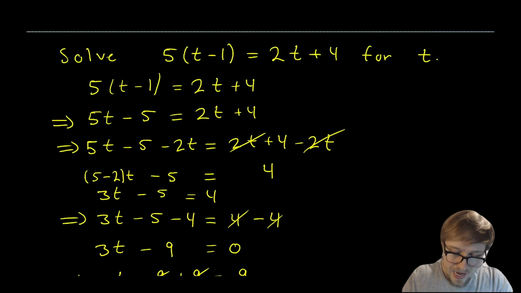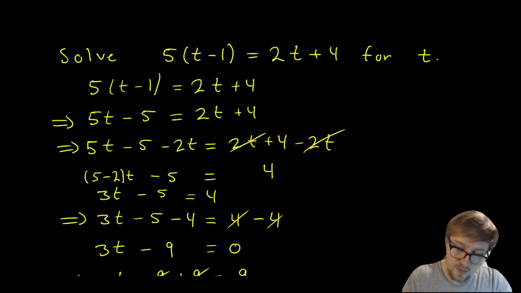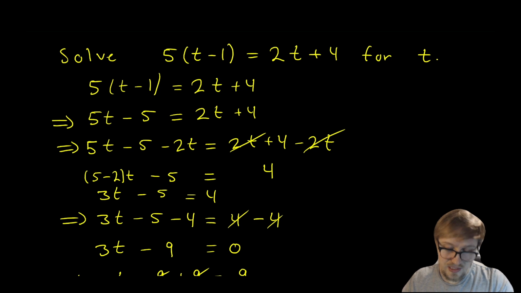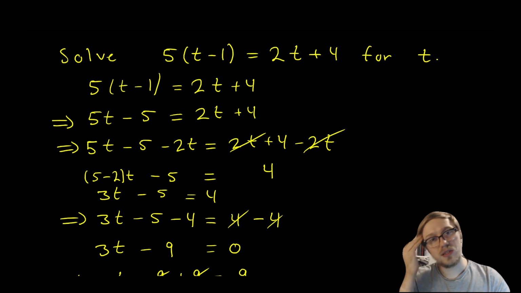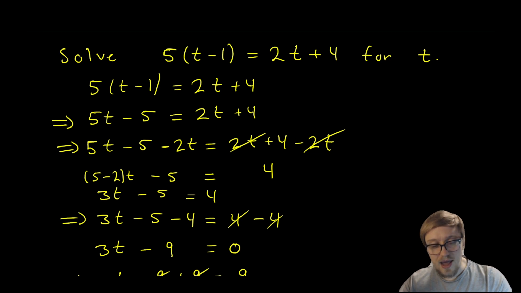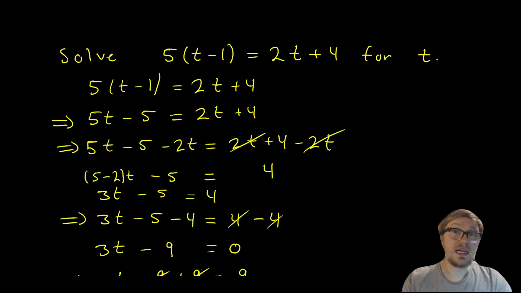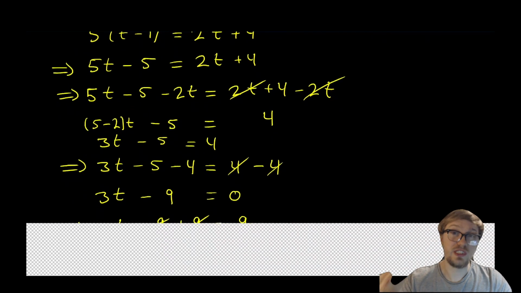Okay, so let's go back and check the solution with the original equation. So the original equation was 5t minus 1 is equal to 2t plus 4. So we plug in the solution to the original equation and check whether or not we get a true equation out of it.